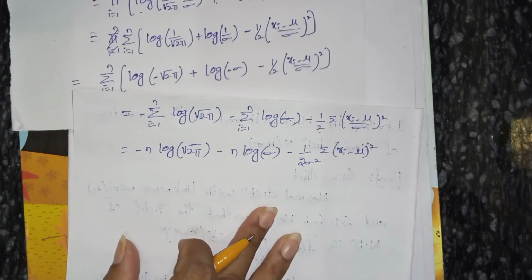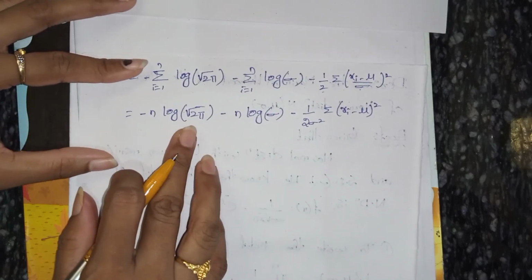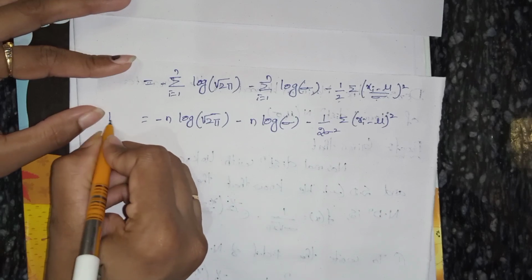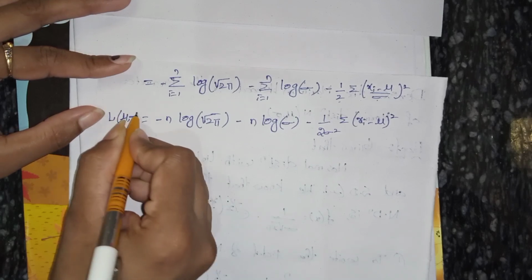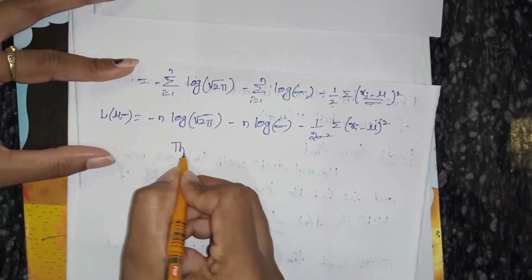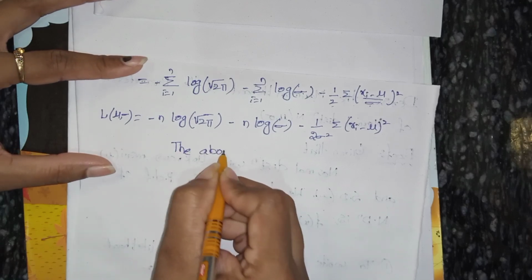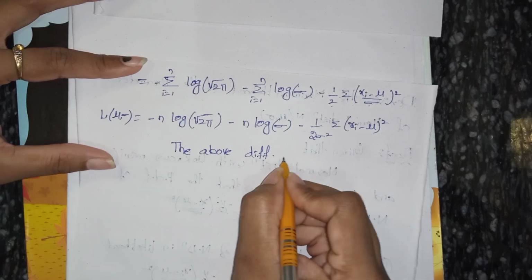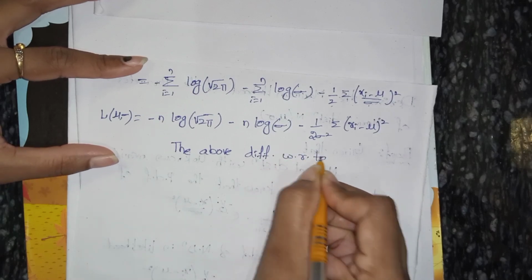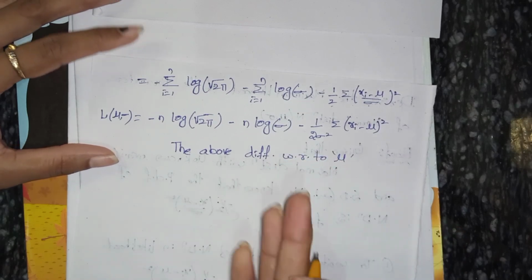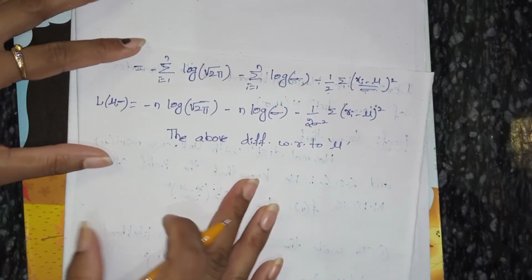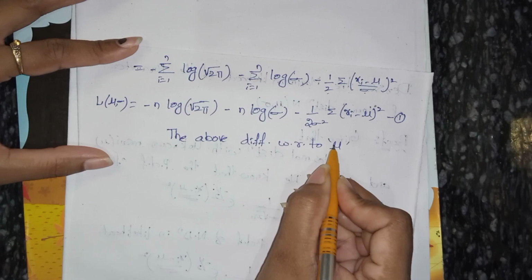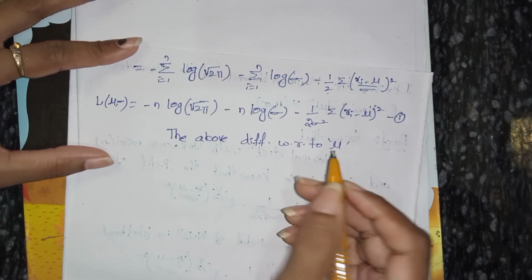Okay, so again, for this term we are going to partially differentiate the above term with respect to mu. Why? Because we are going to find the mu value. Or else we can think this is equation 1 and differentiate equation 1 with respect to mu. You can write like that also.